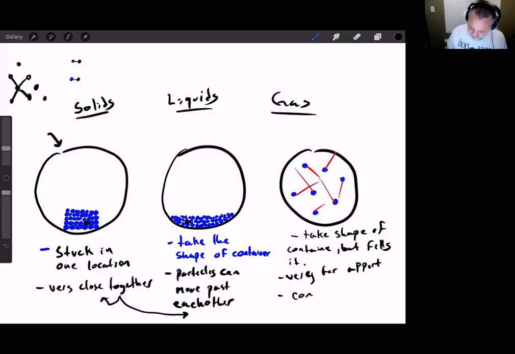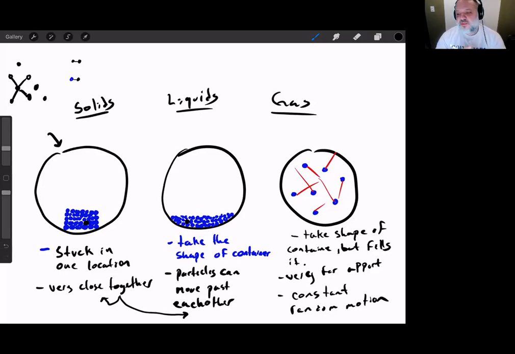They're in constant random motion. Okay. Yeah. Because gas particles are not really near each other and they're in constant random motion, they are free to move about the entire container.